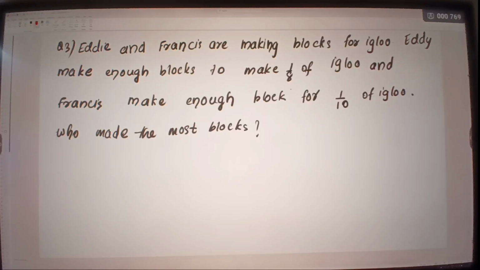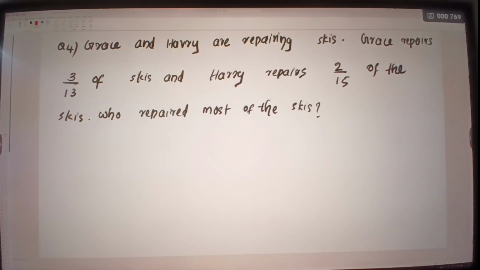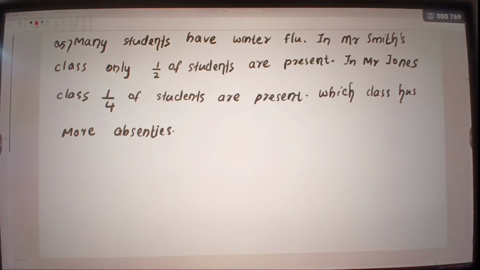Okay, this problem you can do on your own. This problem you can do on your own. This problem is also a comparison problem, so you can do it on your own. Just compare things.